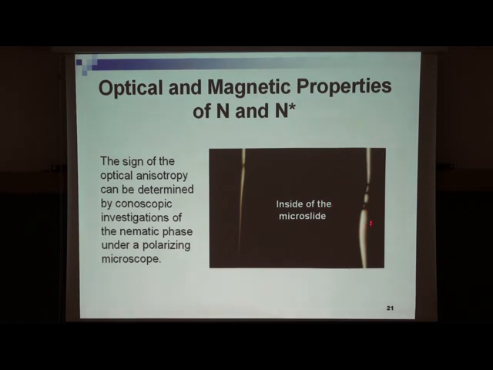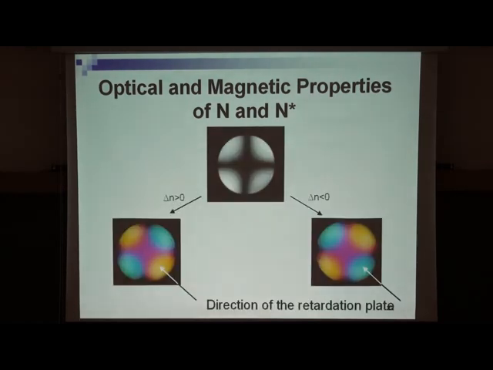This is the side of the microslide. And if this pseudo-isotropic or homeotropic texture is analyzed by conoscopy under a polarized light microscope, the dark cross brush is observed, and if we put in the retardation plate, you can observe these interference colors.